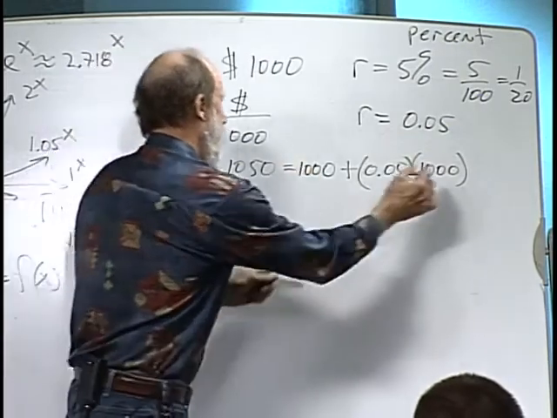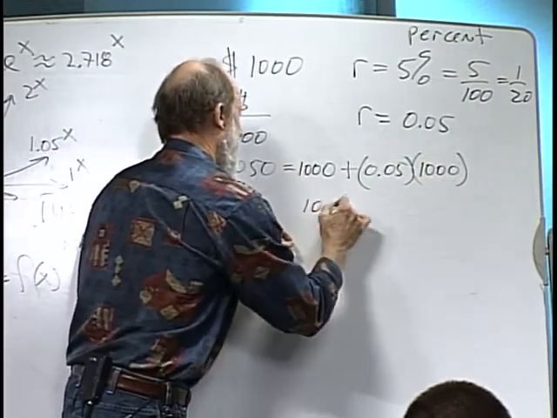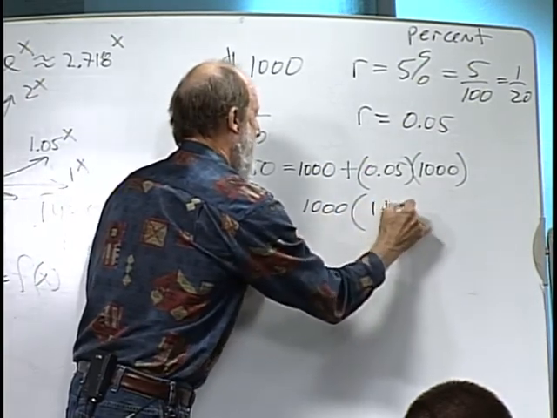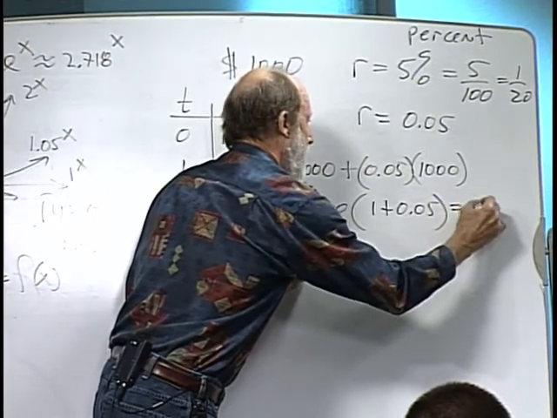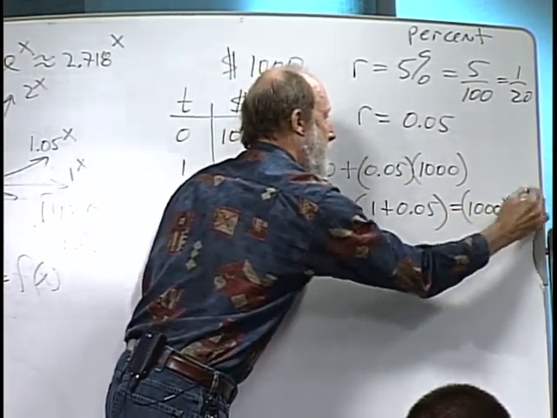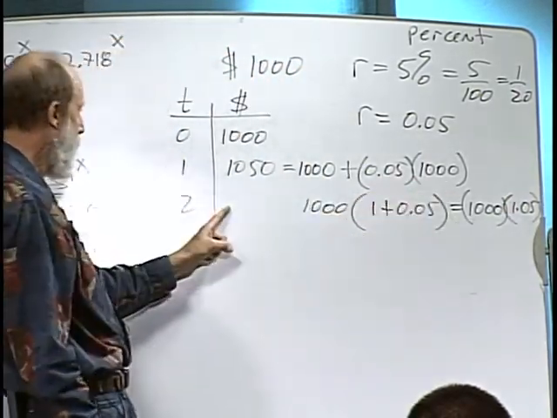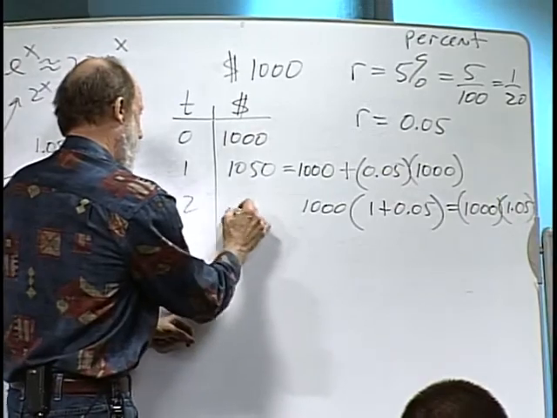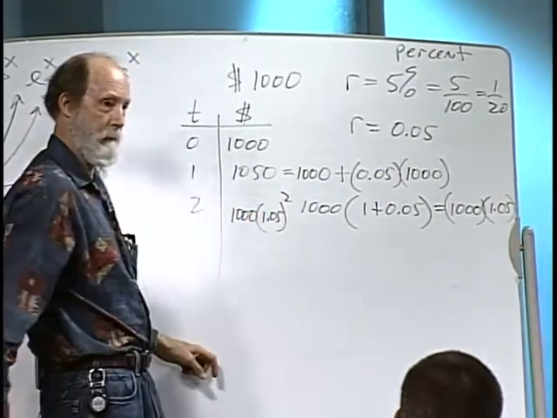So look at right here on this math in the first year. It's 1,000 times 1 plus 0.05, which is the same as 1,000 times 1.05. Okay? In the second year, it's going to be 1,000 times 1.05 to the second.